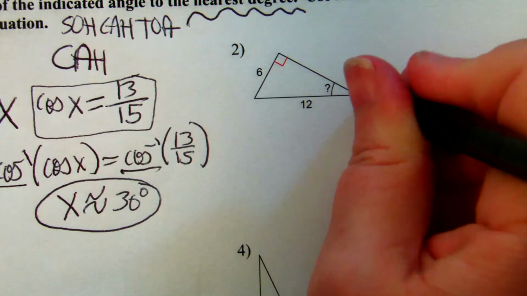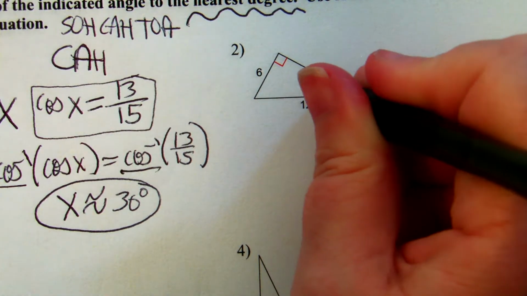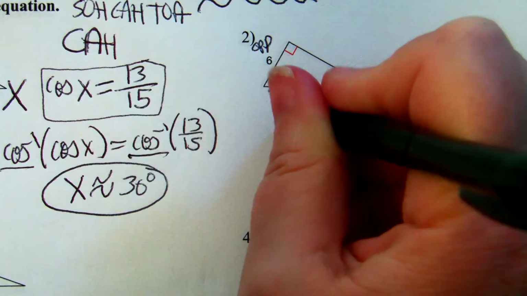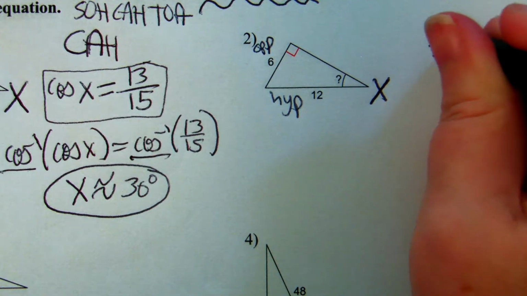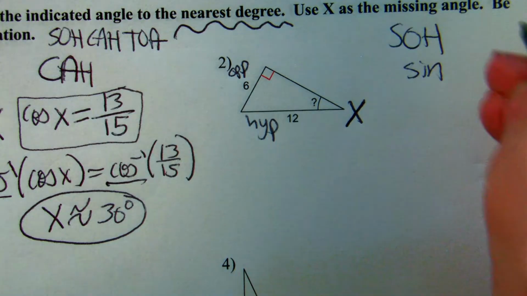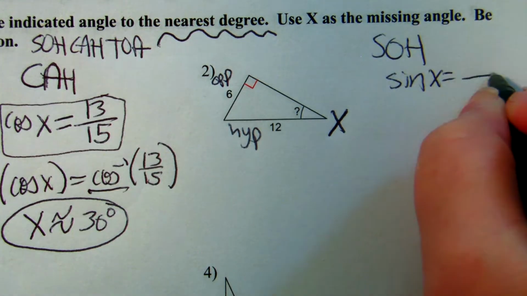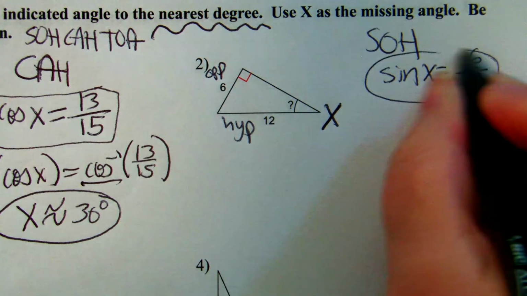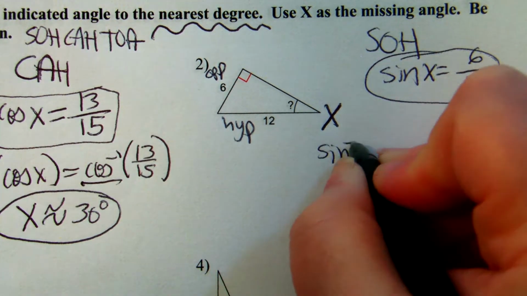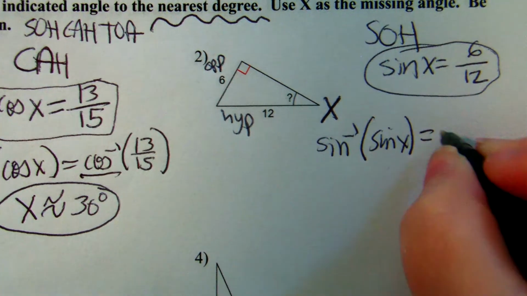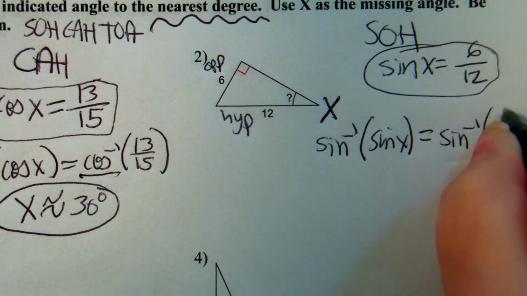So here's x, where the question mark is. This is opposite. This is the hypotenuse. So this is sine. Sine of x equals 6 over 12. Sine inverse of sine x equals sine inverse of 6 over 12.